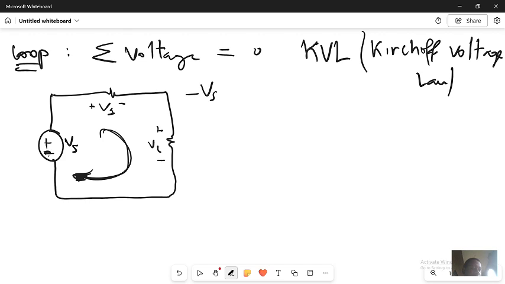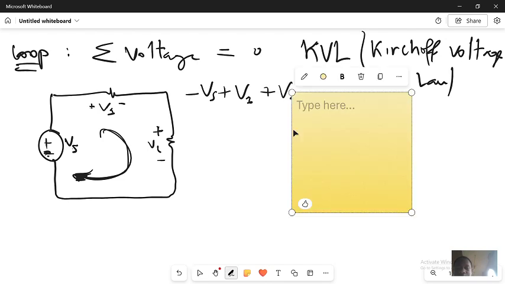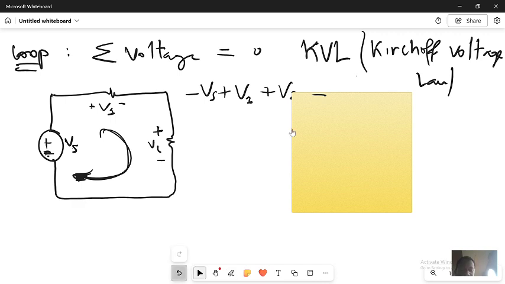The arrow, if I follow again, is entering this positive, plus V1. This arrow, if I follow again, is entering this positive, plus V2, is going to be equal to 0.